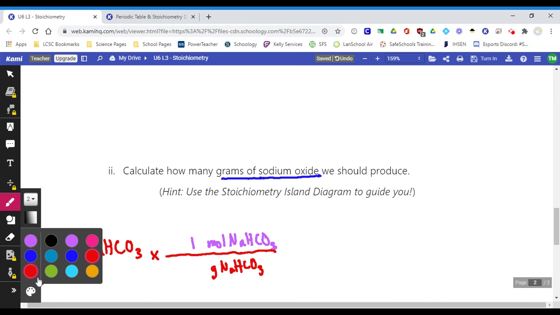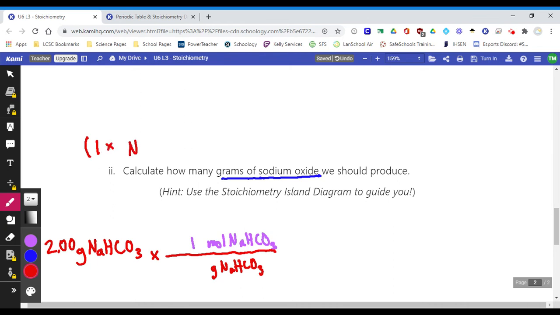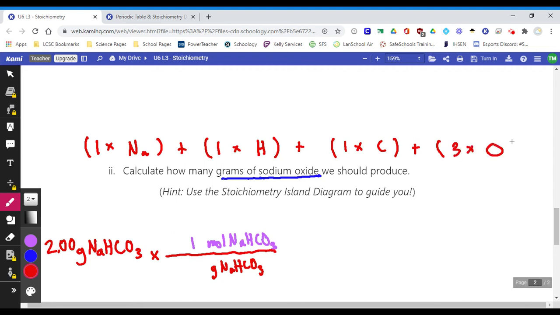I'm just going to do it up here so it's out of the way. I have 1 Na, so 1 times my Na's molar mass, plus I have 1 H, 1 times my H's molar mass, plus I have 1 C, so 1 times my carbon's molar mass, plus I have 3 oxygen, so 3 times my O's molar mass.